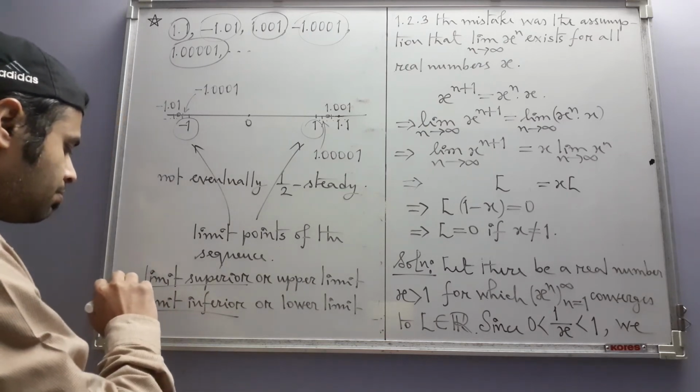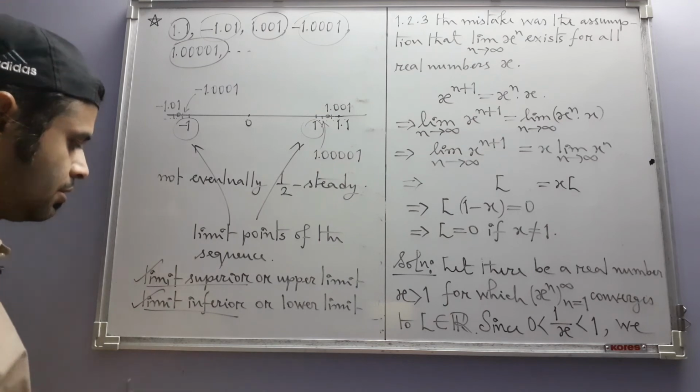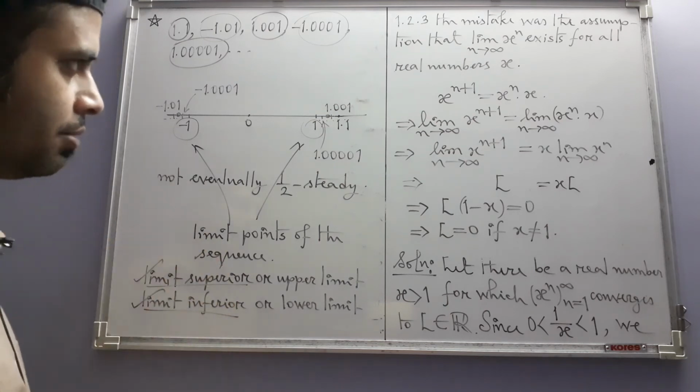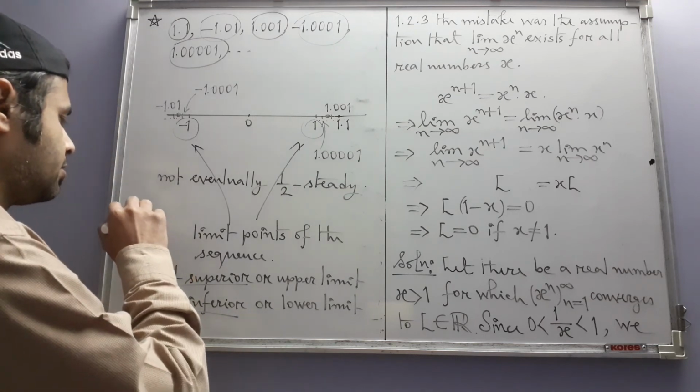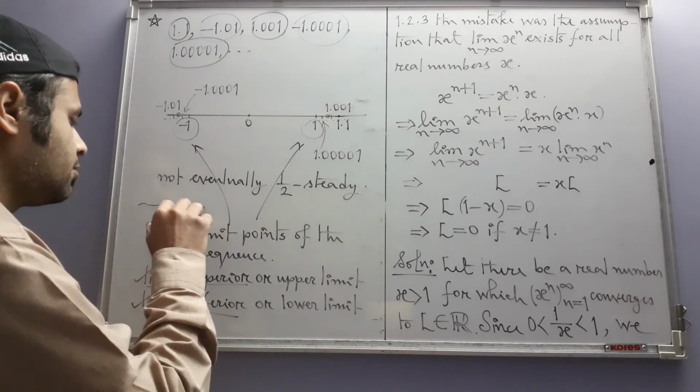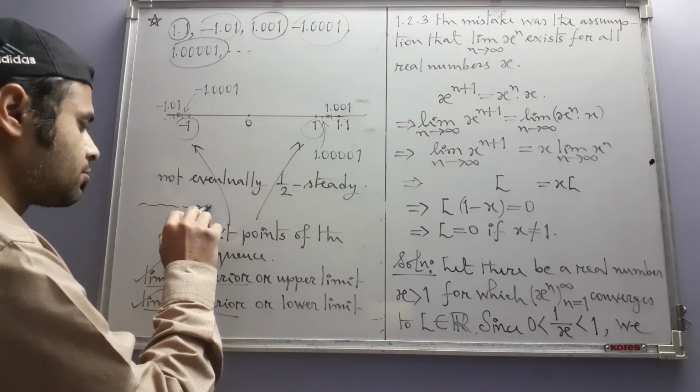And from the properties of these things, limit superior, limit inferior and limit points, we will be able to show that every Cauchy sequence of real numbers is convergent.